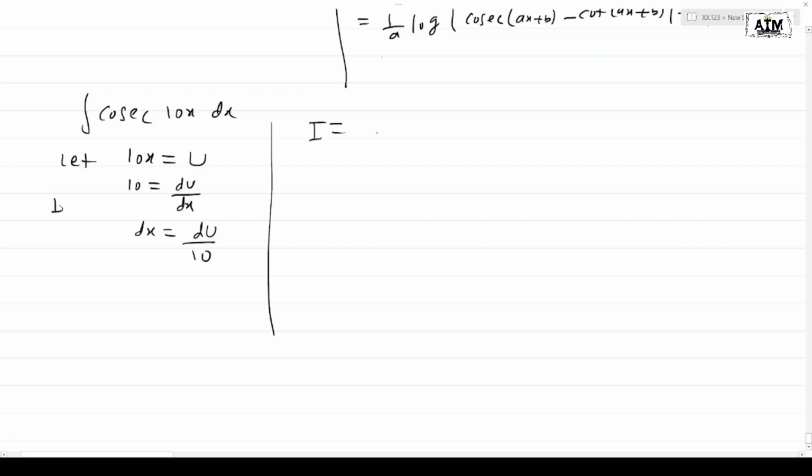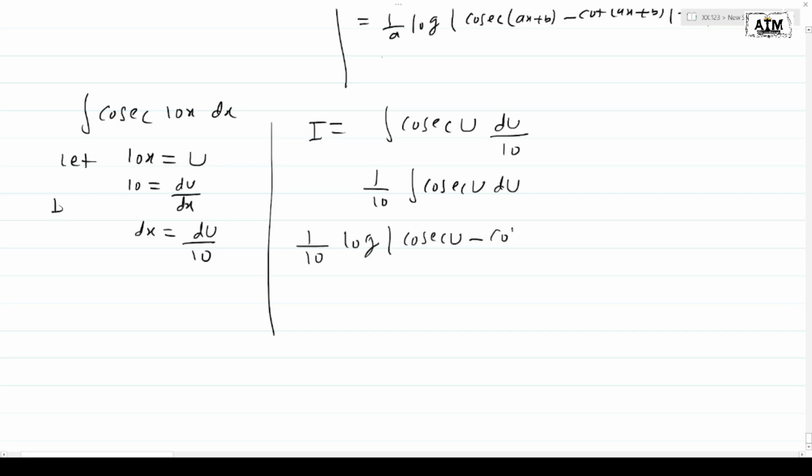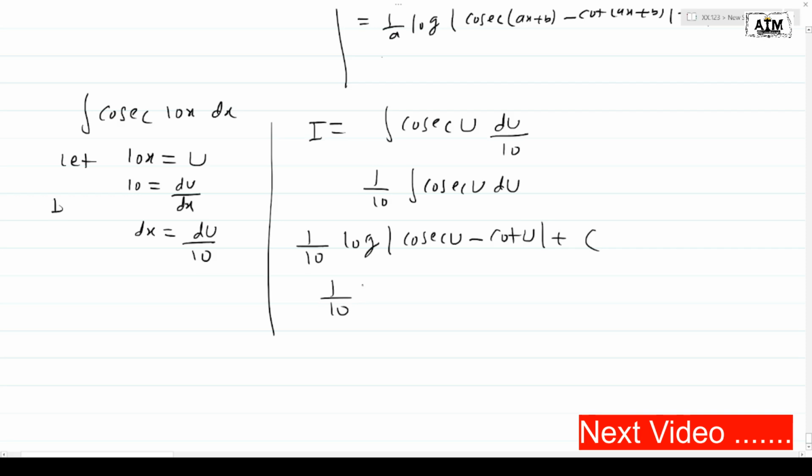Then I equals the integration of cosec u du upon 10, 1 upon 10 is outside, the integration of cosec u with respect to u. The integration of cosec u is nothing but log of modulus cosec u minus cot u plus c, so that is 1 upon 10. Putting back the value of u, cosec u is tan x, minus cot tan x plus c is the required solution.